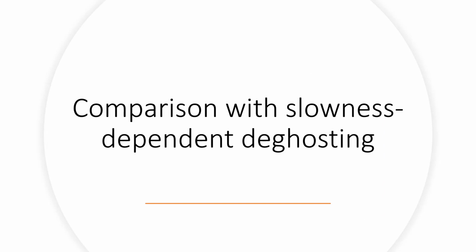So at this point, it's worthwhile talking about what would happen if you did try to use a slowness-dependent deghosting method on this sort of data. I mean, we have the water surface and we have the depth of the streamers, so you'd think that it would be possible to somehow massage the data enough that we could put it into the usual methods of deghosting.